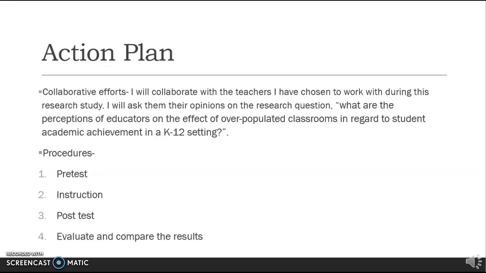The procedures will be 1, giving all 10 classes of students the pretest. I will then instruct the teachers to, for a certain amount of time, deliver explicit instruction on certain standards that are being tested on the pretest and the post-test.